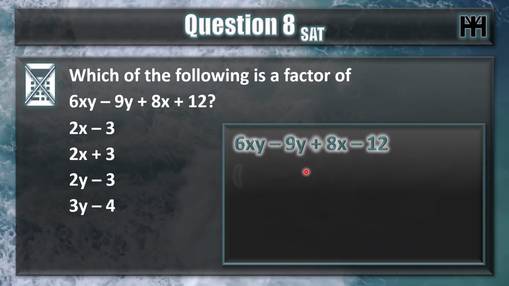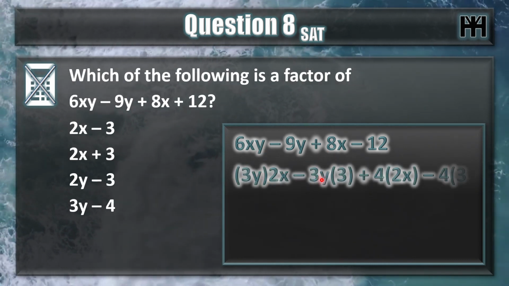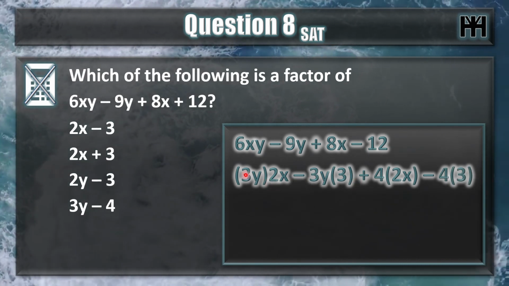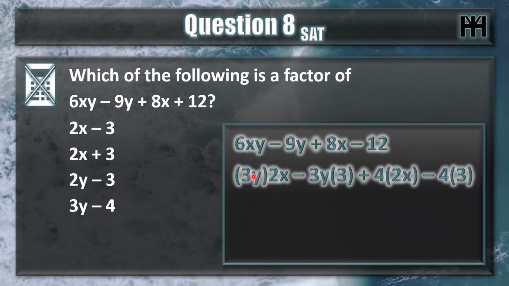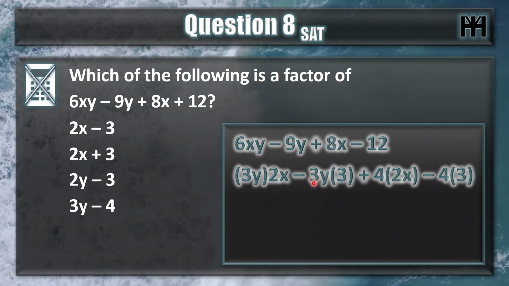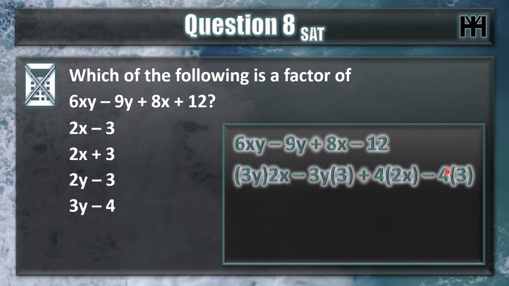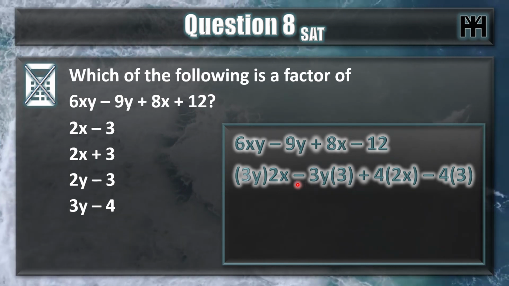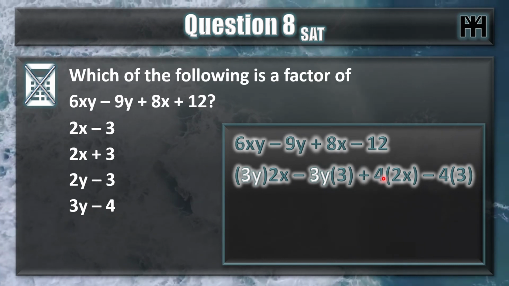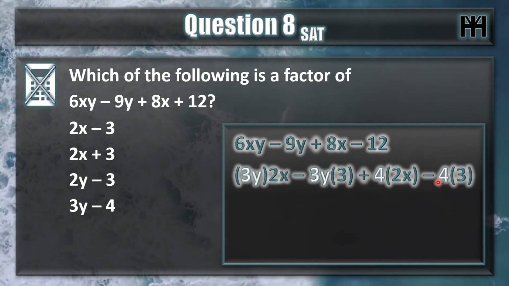We can take 3y from both of these terms, and we can take 4 from both of these terms. So we can take 3y as a common factor here, and 4 from these two.